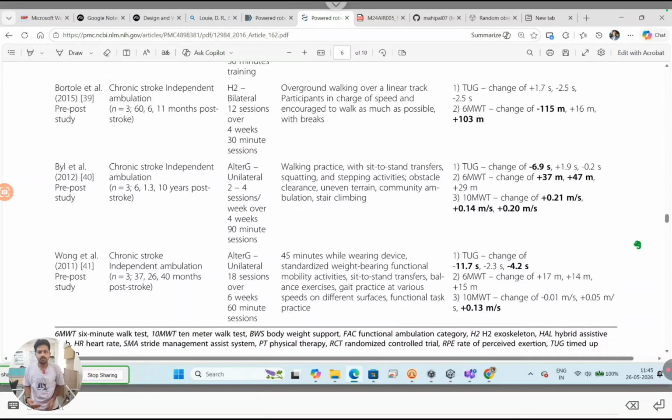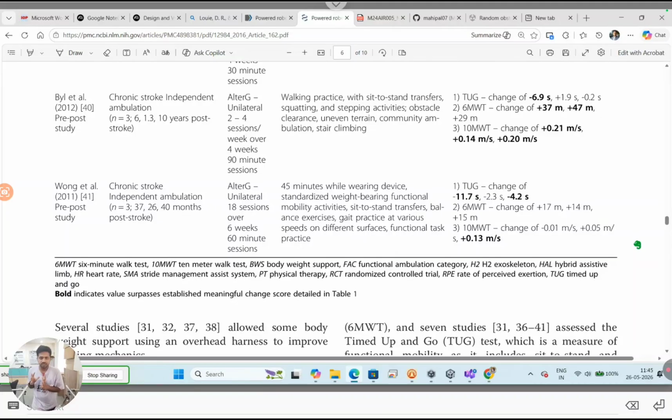Walking practice with sit to stand transfers, squatting and stepping activities, obstacle clearance, uneven terrain, community ambulation, stair climbing. This is 45 minutes while wearing device, standardized weight bearing functional mobility activities, sit to stand transfers, balance exercises, and gait practice at various speeds on different surfaces and functional task practice.